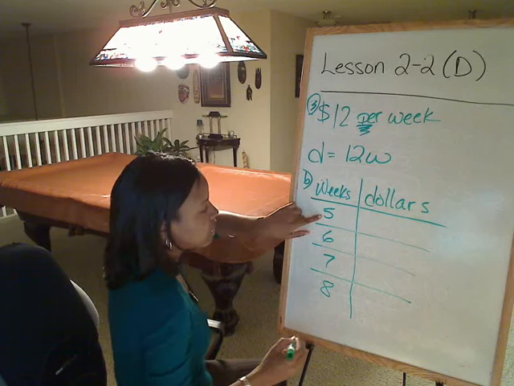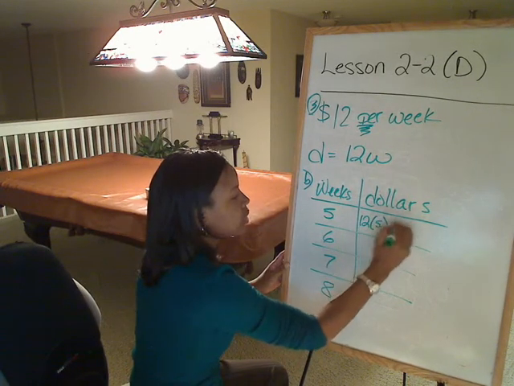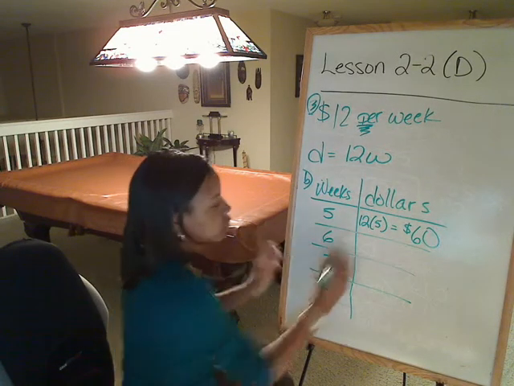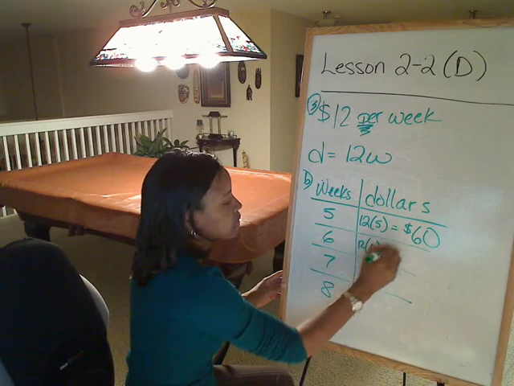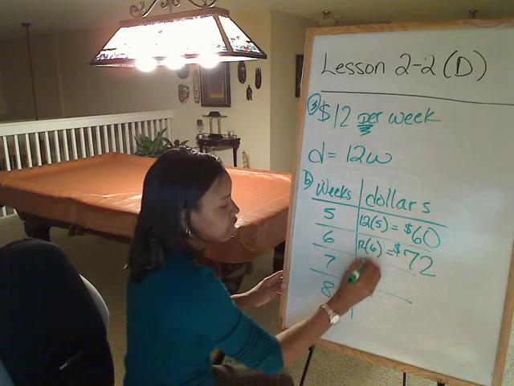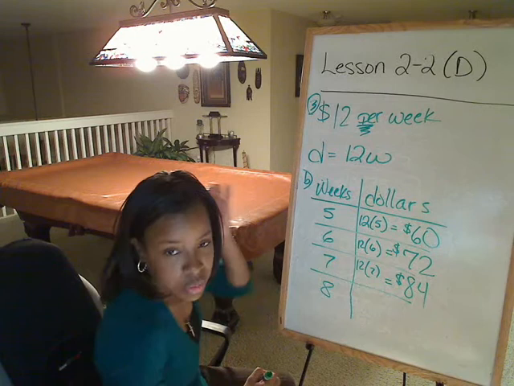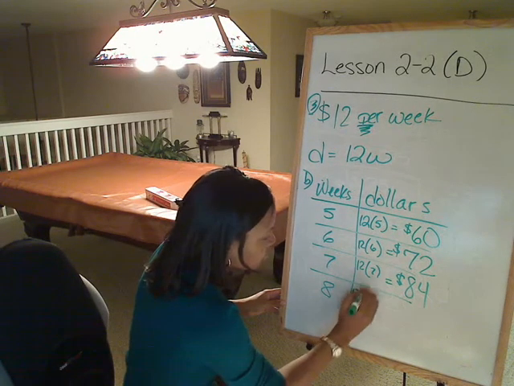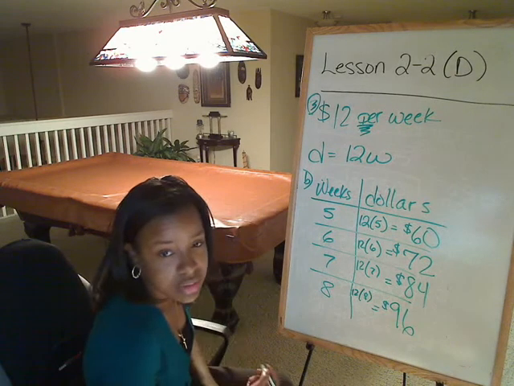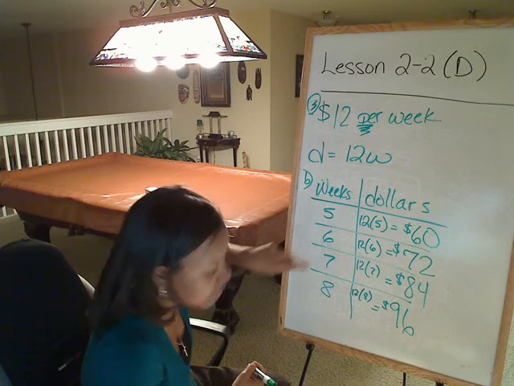So for 5 weeks, you plug in 12 times 5, and you get $60. For 6 weeks, you do 12 times 6, you get $72. For 12 times 7, you get $84. For 12 times 8, you get $96. So these are your dollars that you would get for 5, 6, 7, or 8 weeks.